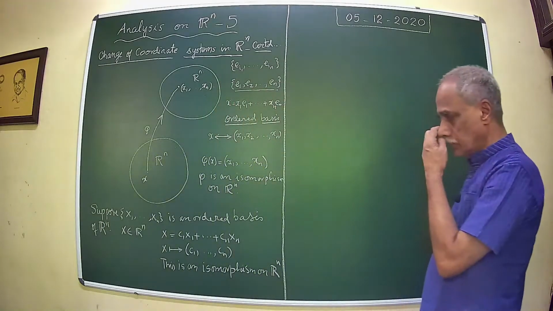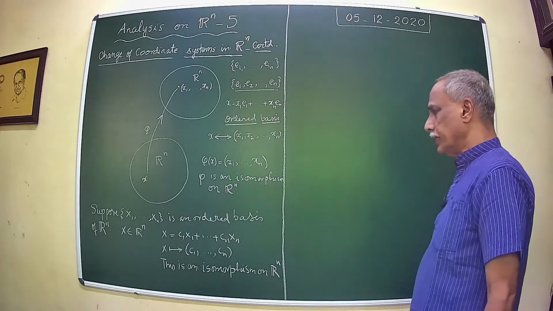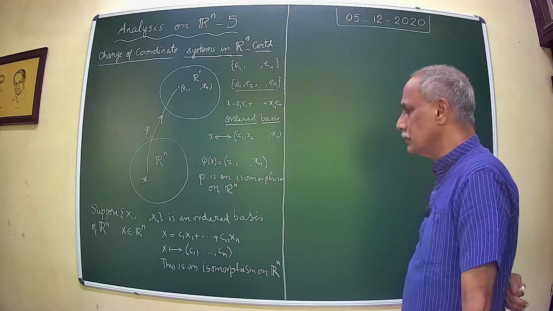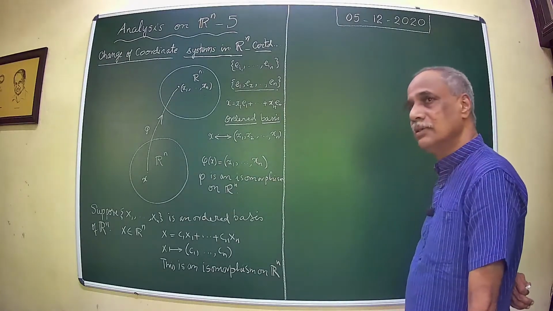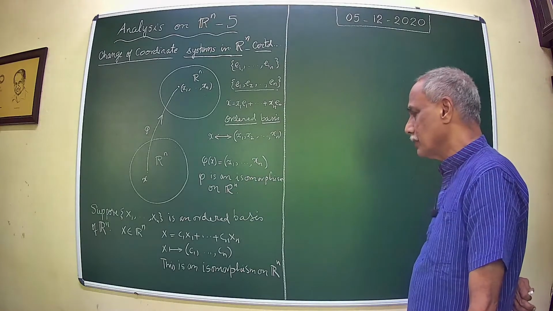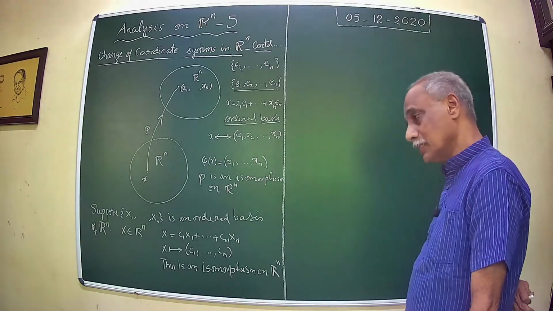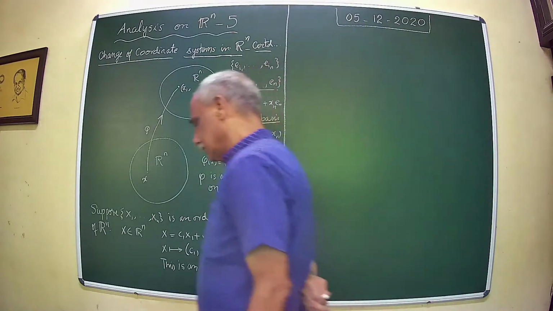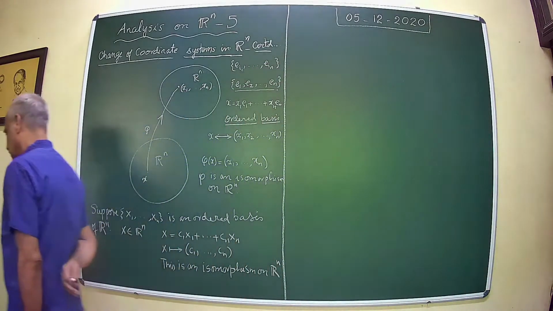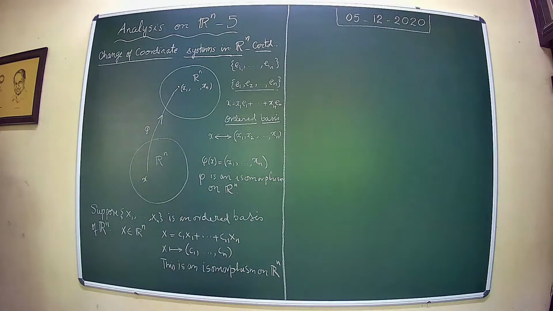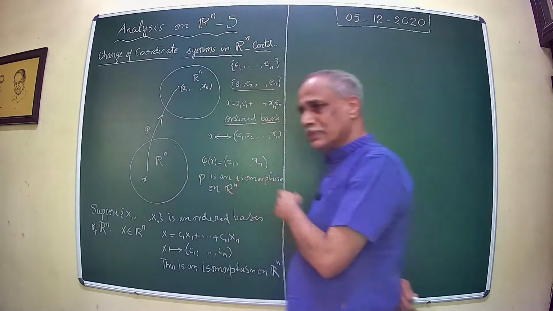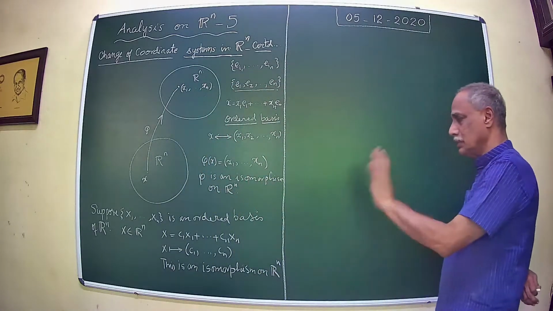This is an isomorphism on R^n. So every choice of an ordered basis for R^n would determine a corresponding isomorphism. This is the important observation that we make, and this is how the isomorphism is defined.